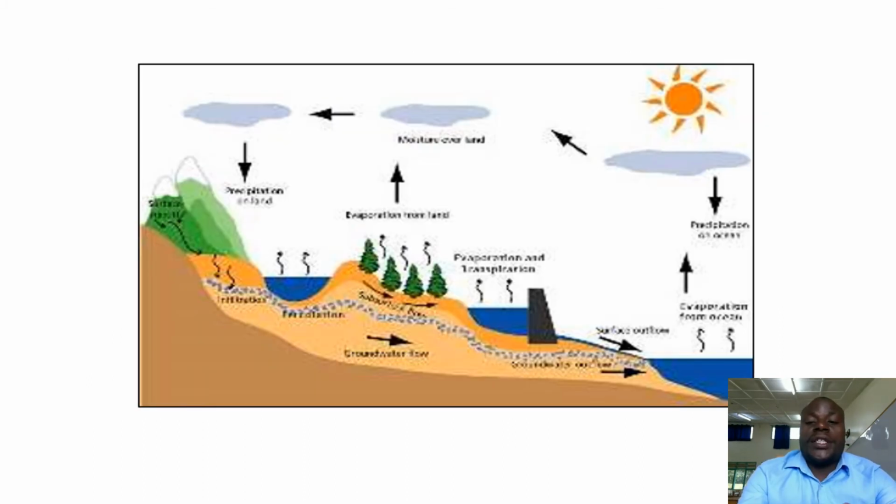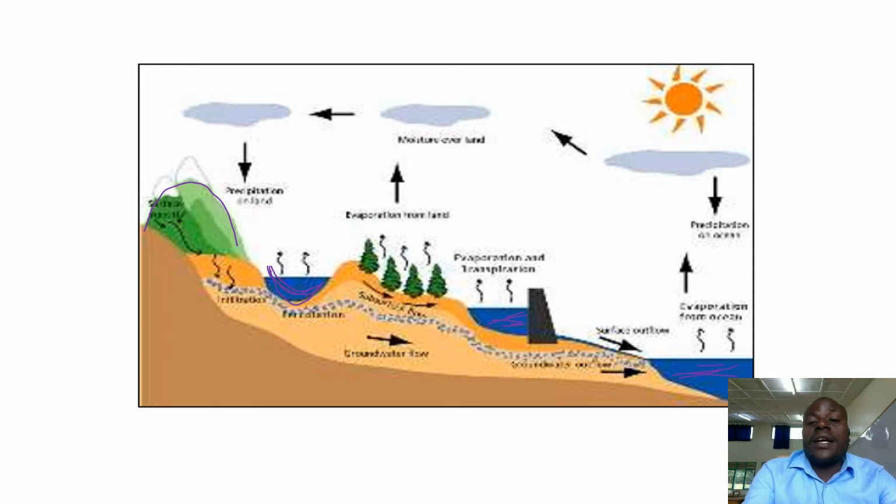If you look at this diagram, the major parts you will find: we have vegetation cover, we have lakes, you can even call them oceans or seas. These are seas or lakes or oceans, these ones.